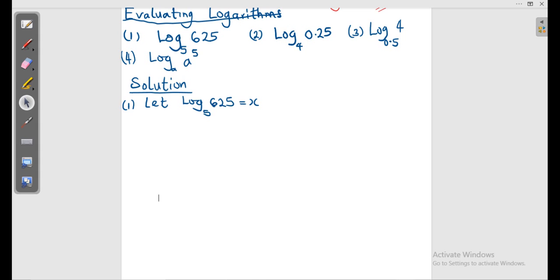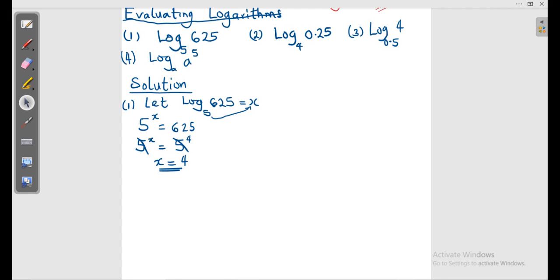So we do something like this, and that gives us 5 to the power of x equals to 625. This is a simple index notation, and that means we'll have 5 raised to power x is equal to 5 raised to power 4. 5 will cancel out 5, and your x is 4.